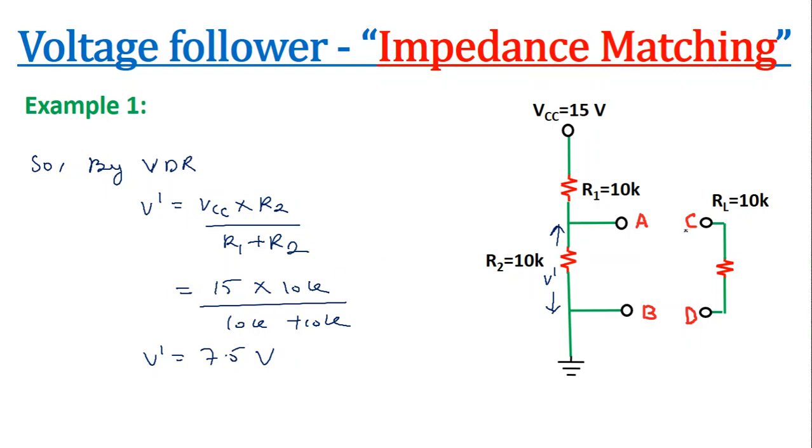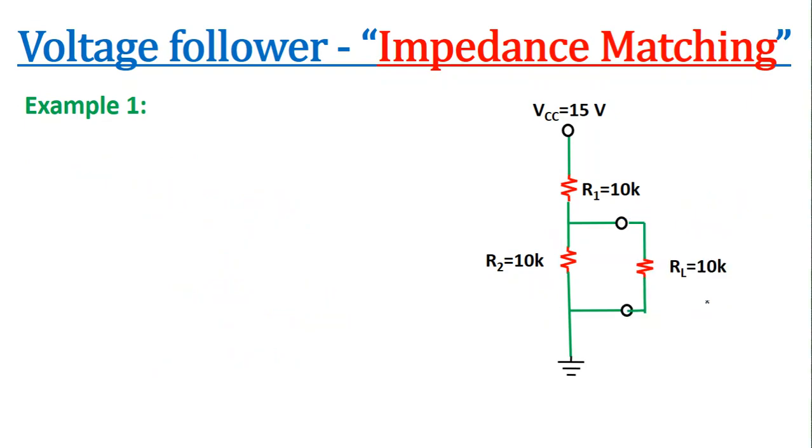Now let us connect this load resistance RL across the resistance R2. For this we connect terminal A with C and terminal B with D. The configuration will look like this when we connect R2 across RL. R2 will come in parallel with the load resistance RL.